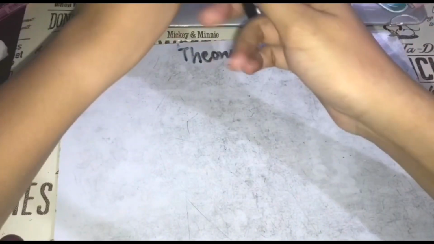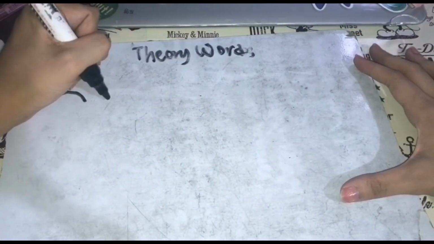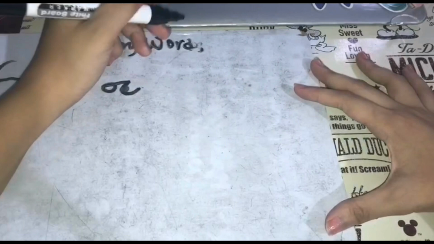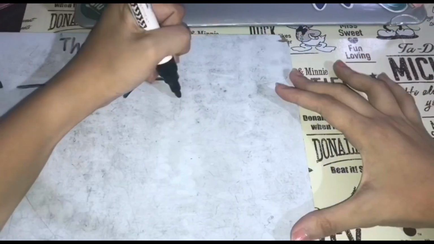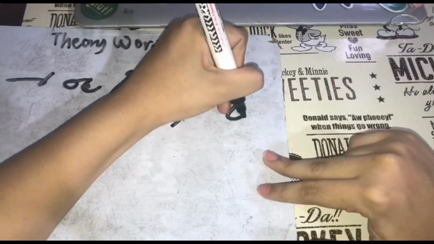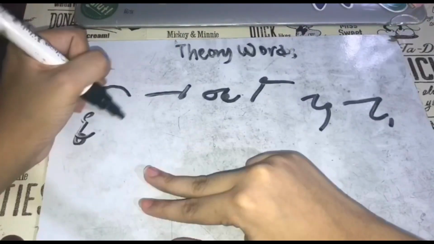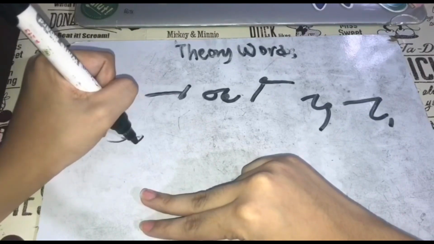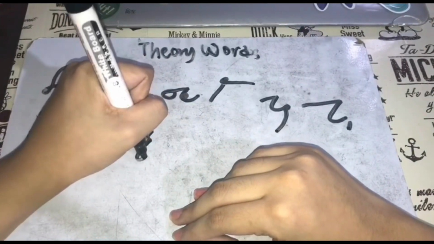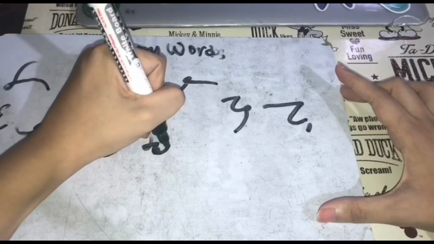For the theory words: big, B-E-G. Next is minute, M-I-N-U-T-E. Answer, A-N-S-W-E-R. Determine, improve, membership, expire, renewal, responding, sincerely.